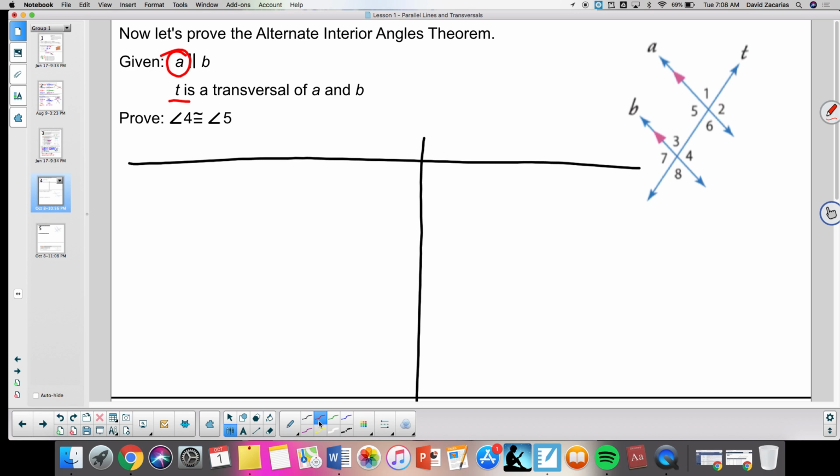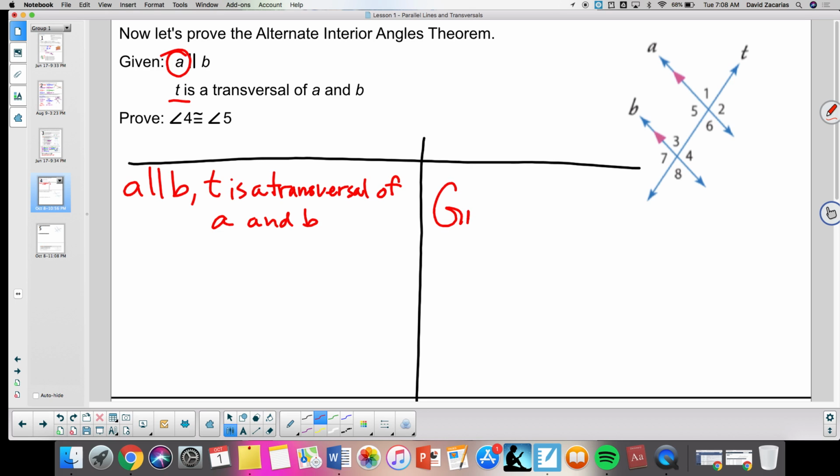We are given, always write your given first. A is parallel to B. T is a transversal of A and B. That is given.